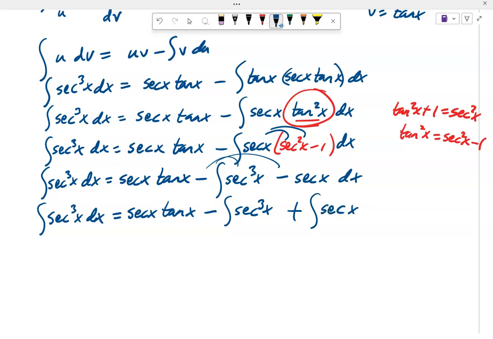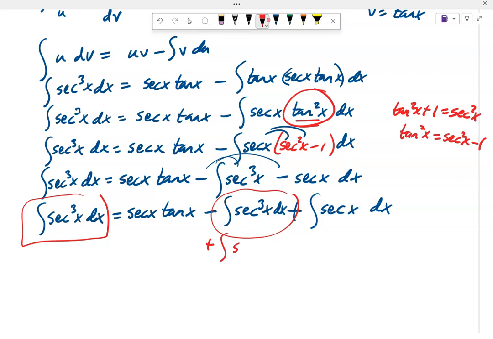That's secant, right? Now notice I was integrating, what I wanted to find out was what is the integral of the secant cubed? And over here, I have a secant cubed. You see that? And so that's a multiple of the original. And so I'm like, well, let me just add it to the other side, right? I can add this to the other side.